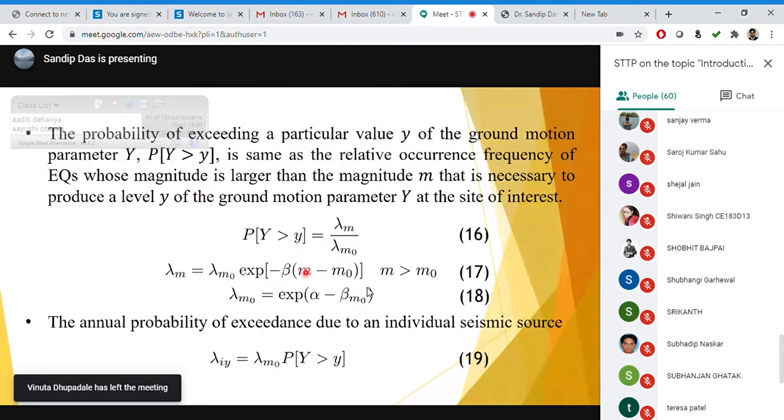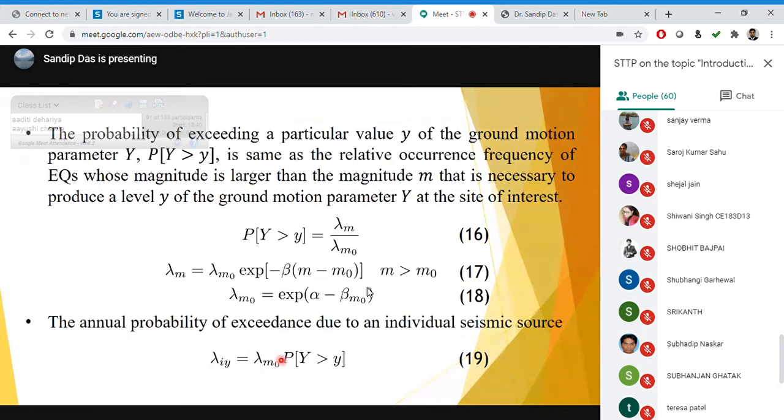Now this equation you have already seen earlier, so you fit it here and then directly you get this lambda from your lambda m0, that is the Gutenberg relationship lambda m0 for your minimum value of earthquake, multiplied by this thing, the probability that Y greater than y. Now how to get Y greater than y, that is the only thing we need to find.